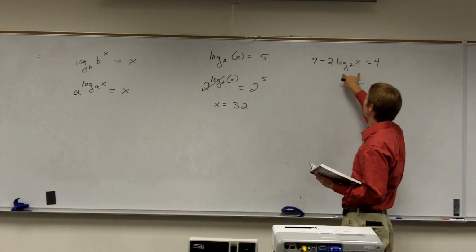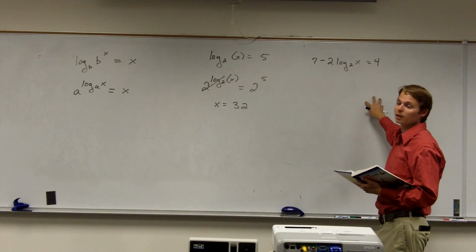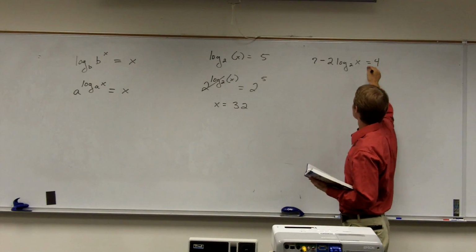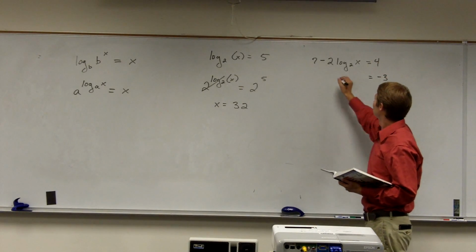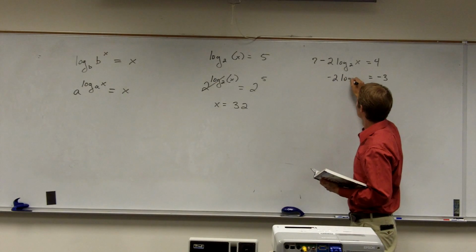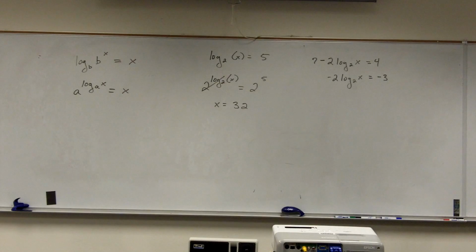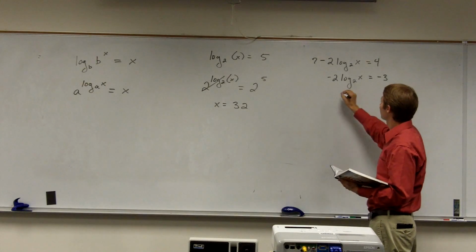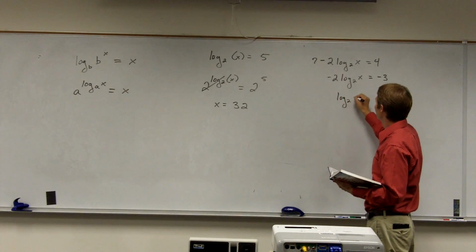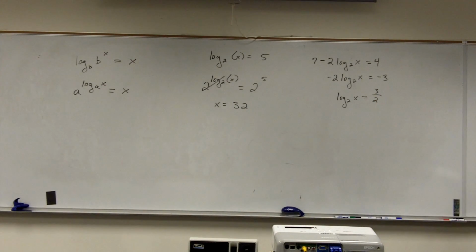So I want to get to where on the left side, all it is is the logarithm base 2 of x. So I can subtract the 7 over, right? And I'll get negative 3 equals negative 2 log base 2 of x. Now we can divide by negative 2 on both sides. So this will become log base 2 of x is equal to 3 halves.